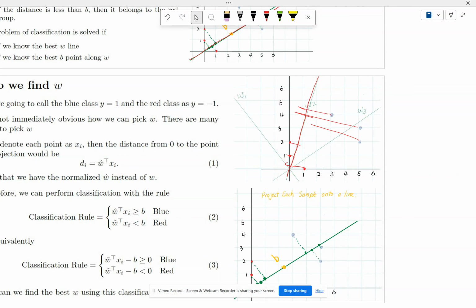See, red and blue are separable. Therefore, we can pick B here. But I wouldn't say that that's the best projection. Ideally, you want something more like W3, where after you do a projection, there's a good amount of gap between the two classes. So ideally, that's the case.